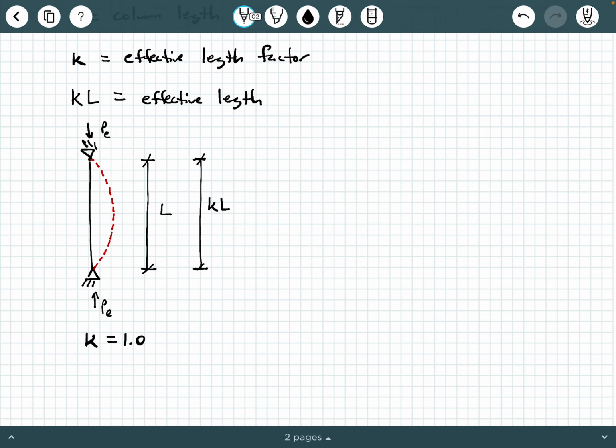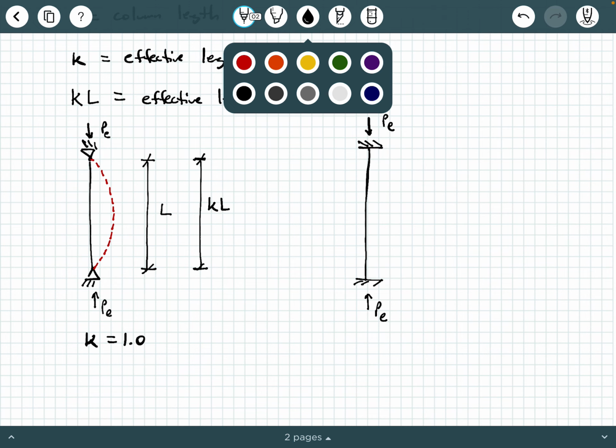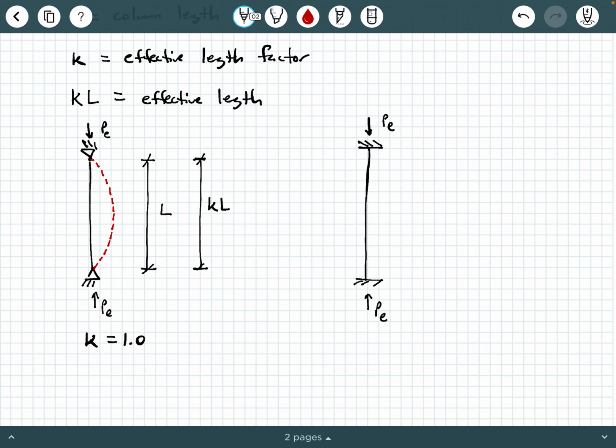Now let's talk about some other restraints that we could encounter. What if we have the extreme case of total fixity here? Let's say you have a fixed scenario, and you have that column subjected to the Euler buckling force. So how is this column going to bow out? Well, there's going to be a taper near the ends that are fixed. If I dash this in, there's going to be a taper here. Then this thing's going to bow out and it's going to taper back.